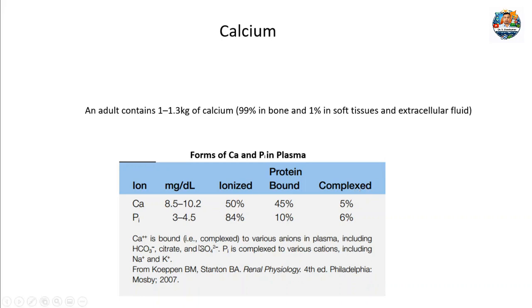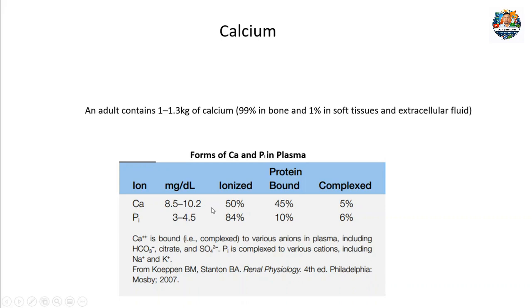Calcium is complexed to various anions in plasma, including bicarbonate, citrate, and sulfate, whereas phosphate is complexed to various cations, including sodium and potassium ions.